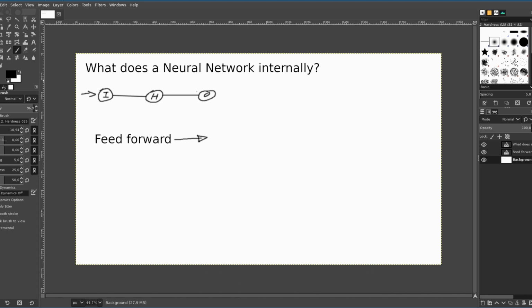The first thing that I want you to be aware of is that each neuron is connected to the others with this link, but this link also has a value, a weight, that is indicated with the W. This one and this one are chosen randomly.